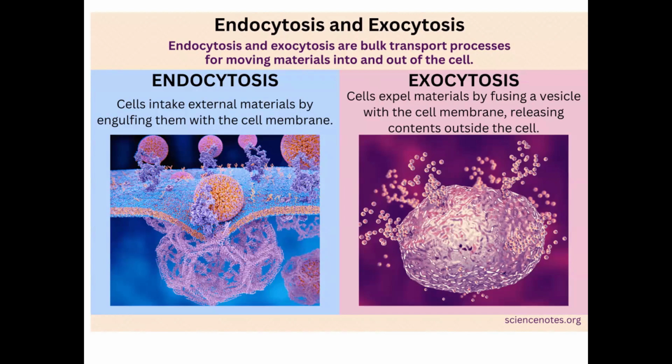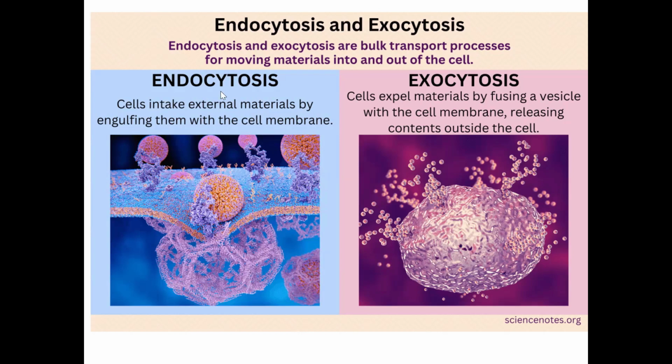So generally, the types of transportation are categorized into three: active transport, passive transport, and lastly, bulk transport. Endocytosis and exocytosis are bulk transport processes for moving materials into and out of the cell.